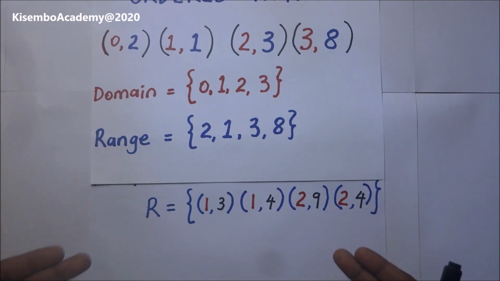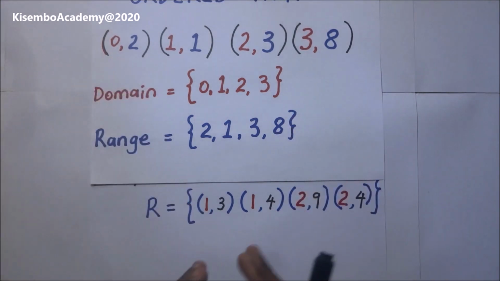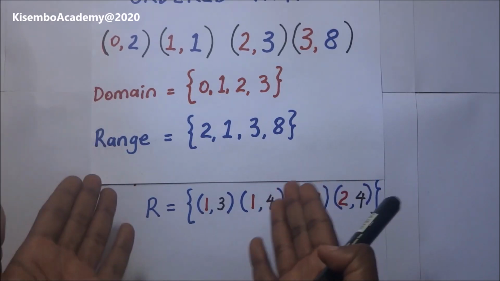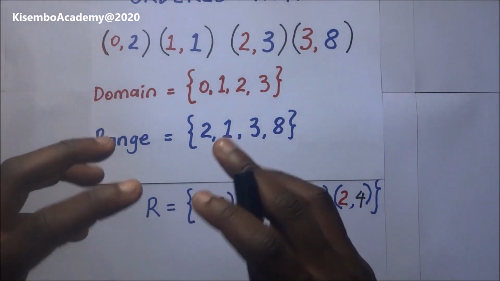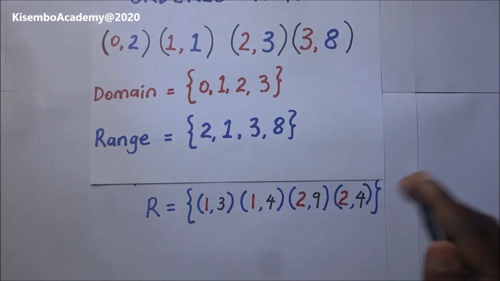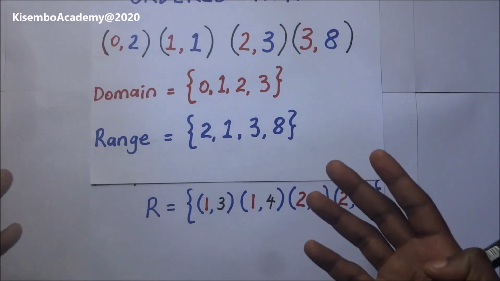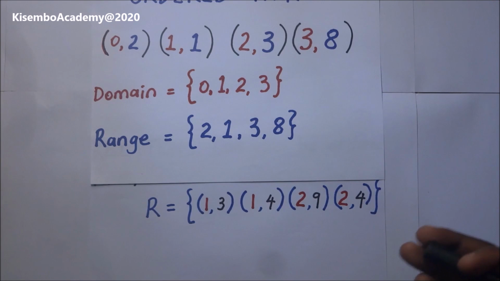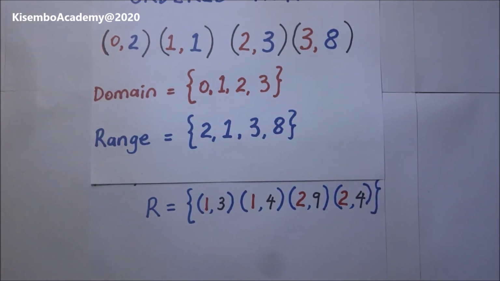A relation, therefore, is simply a rule that connects 2 or more things. And a function is just a type of relation, a special kind of relation. So a function is more like a subset of the relation. The relation is just any equation that relates 2 things, or any rule, or any expression that could be algebraic, it could be a quadratic equation. Simply, it is a rule that connects 2 or more things.